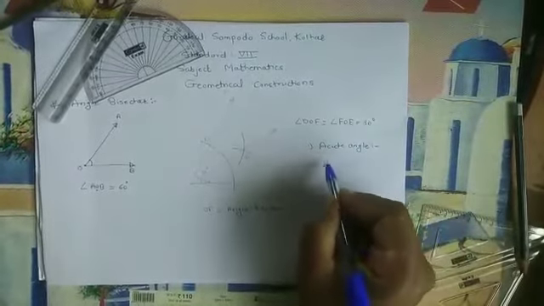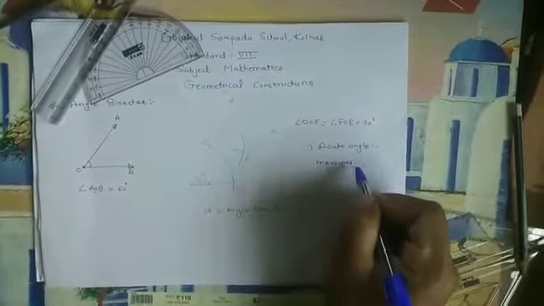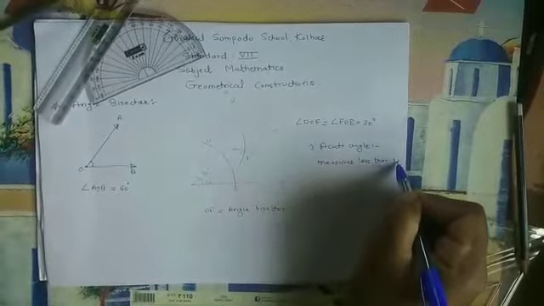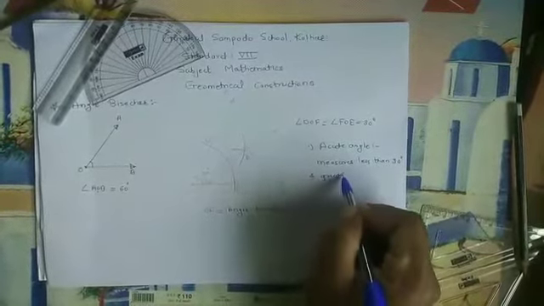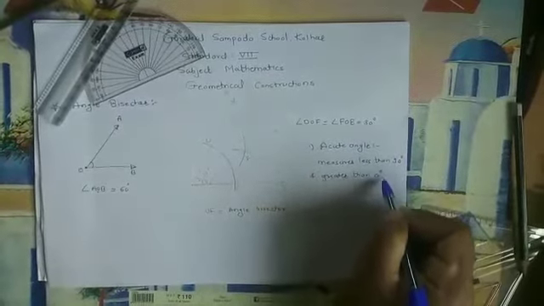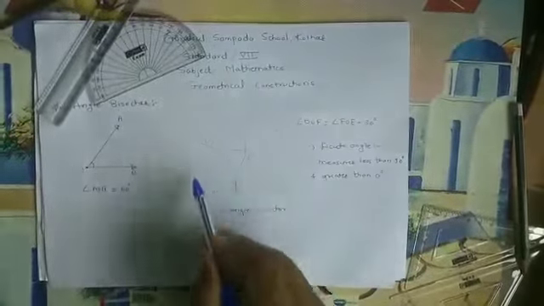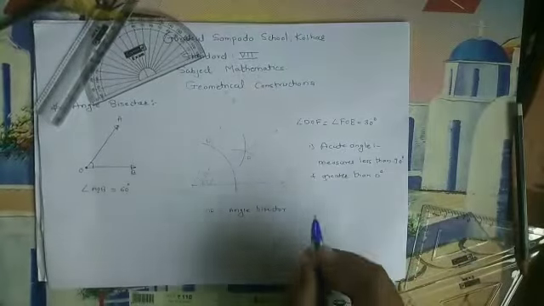An angle which measures less than 90 degrees and greater than 0 degrees is called acute. The angle AOB we considered here, which is 60 degrees, is an acute angle.